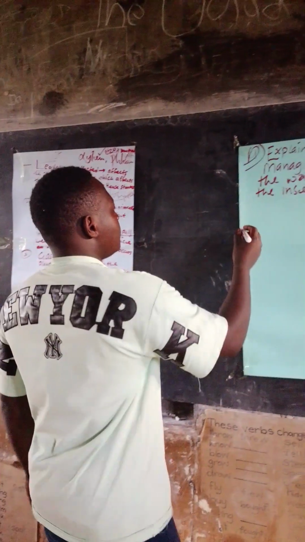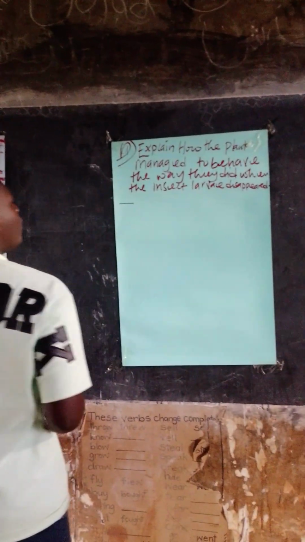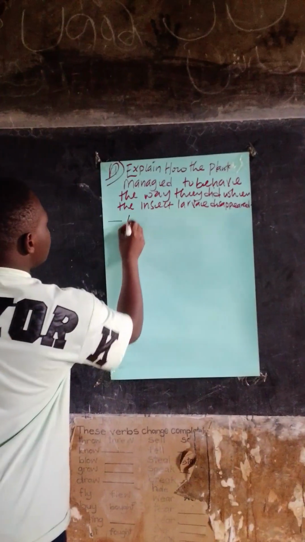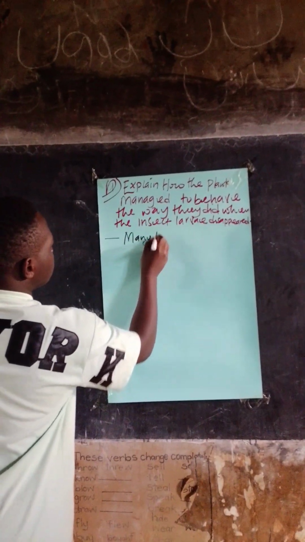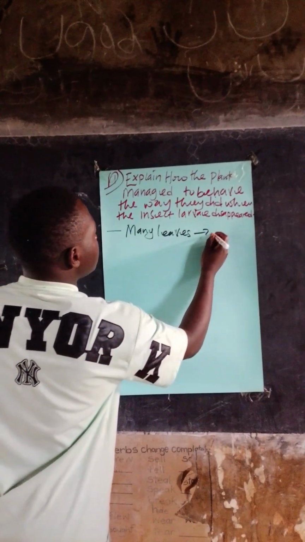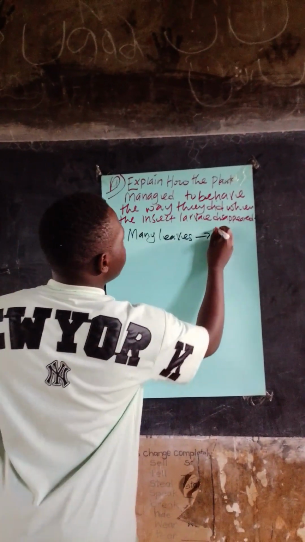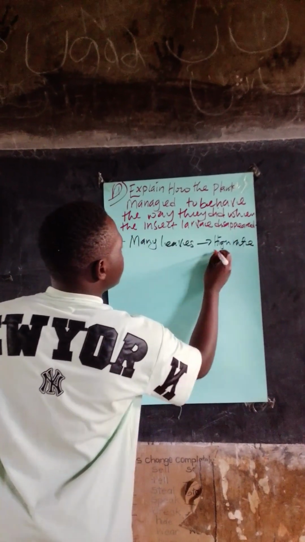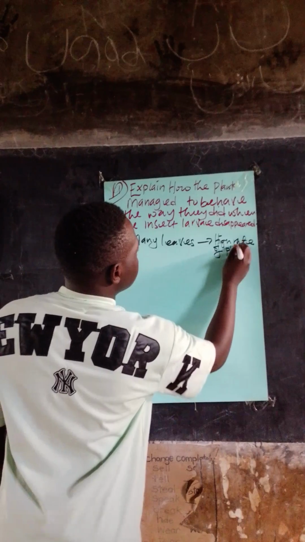If we have many branches which have leaves, it means many leaves come with a high rate of photosynthesis.